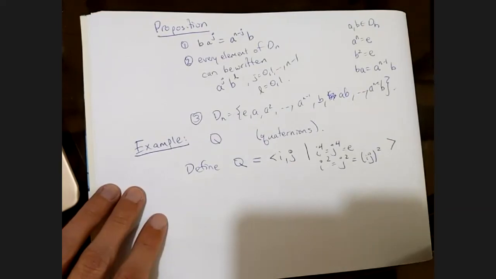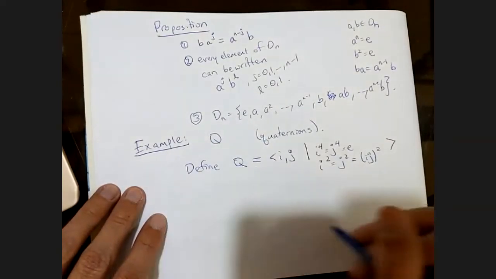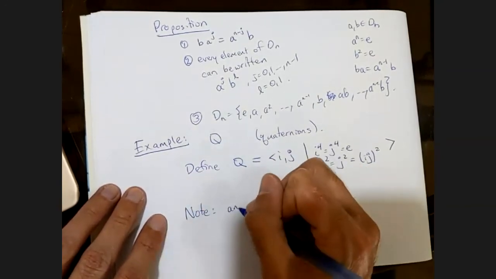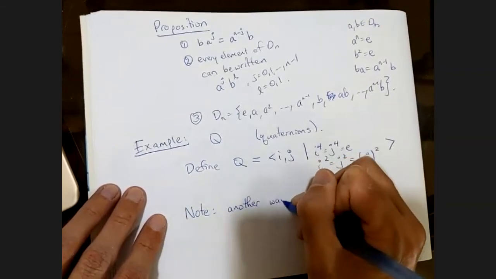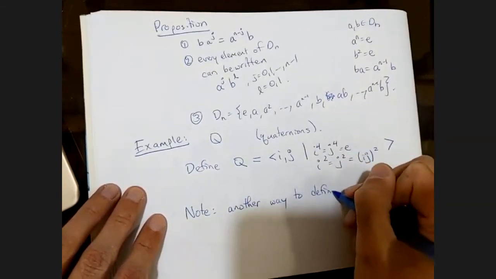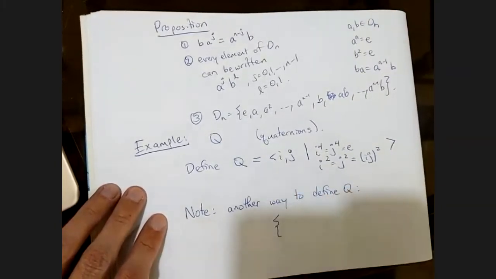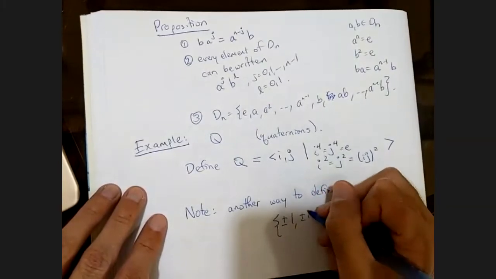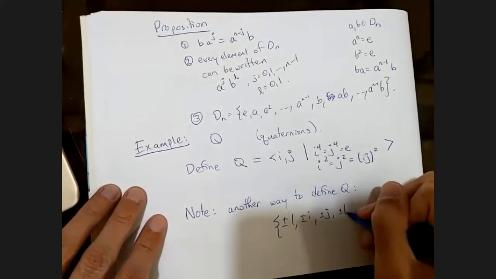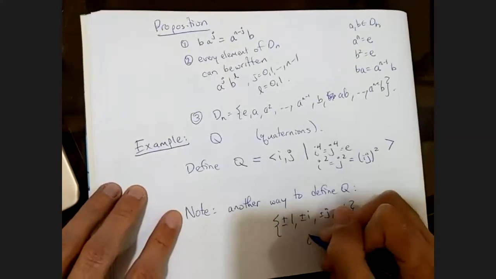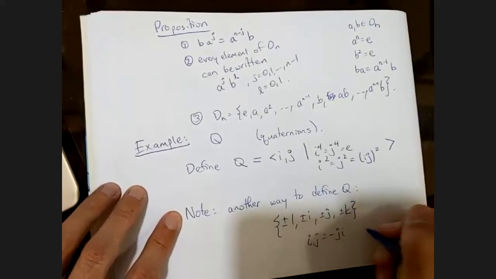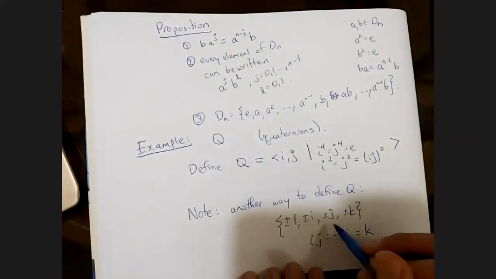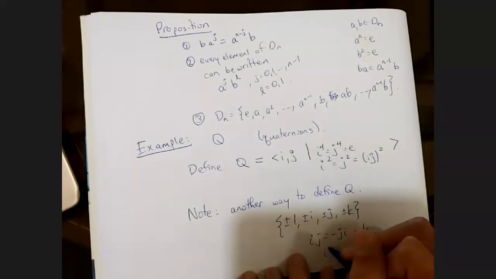There's another way to present this group. So note, another way to define Q is by saying that it's the set plus or minus 1, plus or minus i, plus or minus j, plus or minus k, where ij equals minus ji equals k, and i squared, j squared, and k squared are all minus 1.